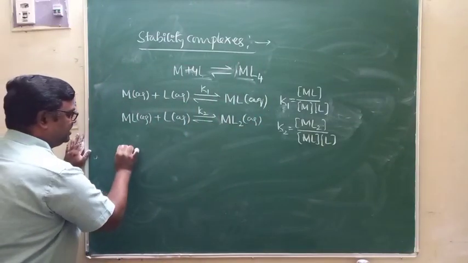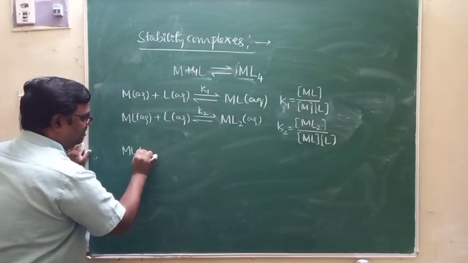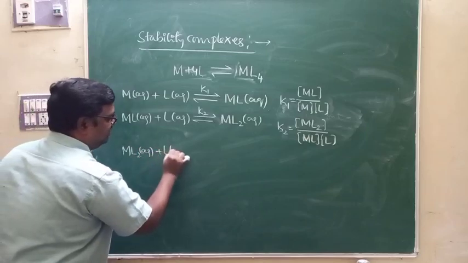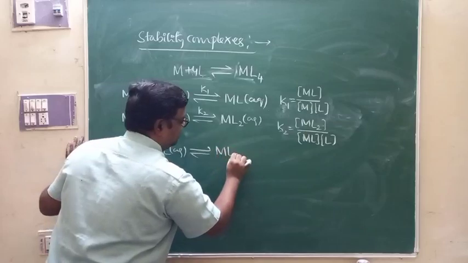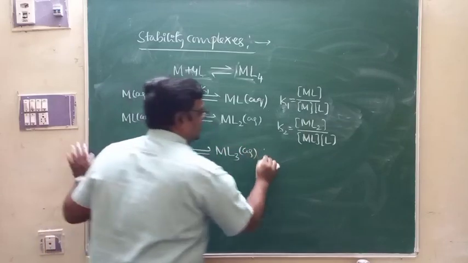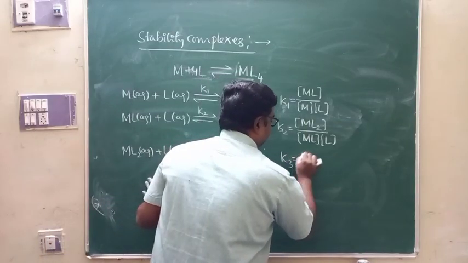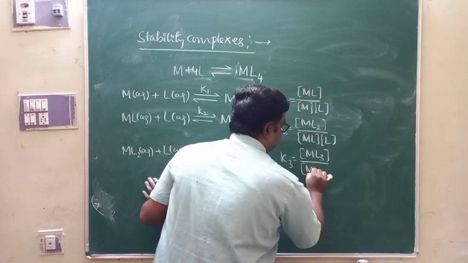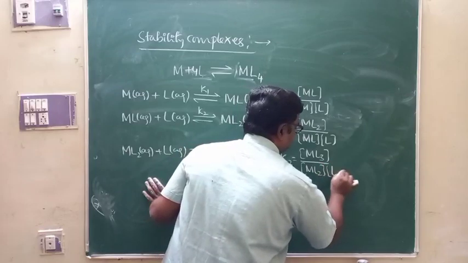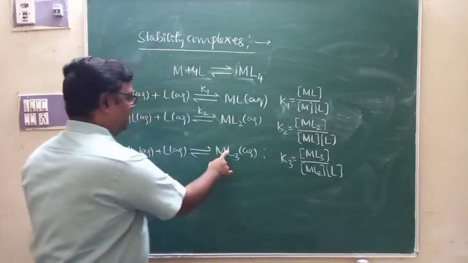As far as the third step is concerned, ML2 in solution may combine with one more molecule of ligand, and that leads to ML3 in aqueous solution. We are going to get K3 there, that's equal to ML3 divided by ML2 into L. Is it not? This is product divided by reactant.